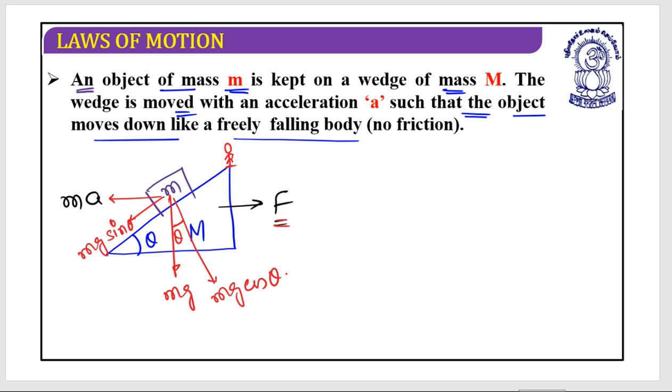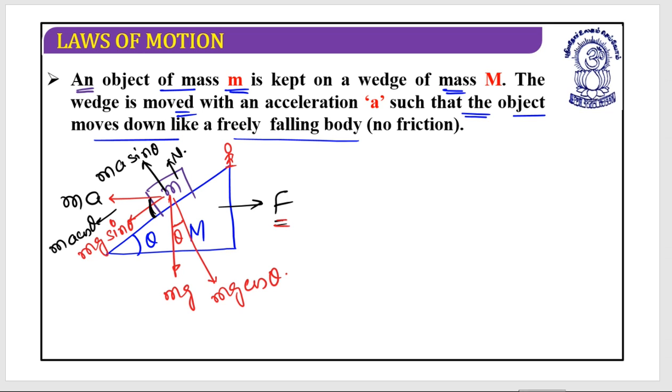If this is angle theta, even this must be angle theta, so this should be ma cos theta, and this would be ma sin theta. Even this was the normal force. I hope this is clear. Is it clear?